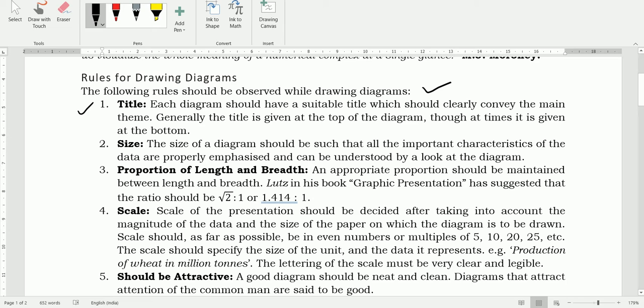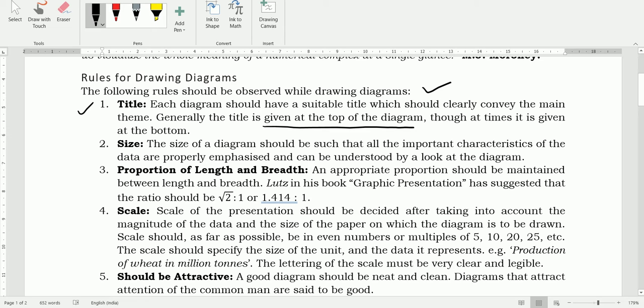The title should clearly convey the main theme of the given data set. For each diagram there must be a title, and generally the title is given at the top of the diagram, though at times it is given at the bottom.